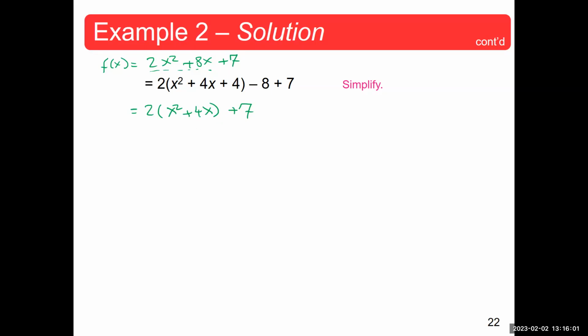Now, to do the perfect square, I'm going to take 4 divided by 2 squared. That's going to give me back 4. Now add 4, minus 4. This is going to be 2. Let's open a big bracket here: x squared plus 4x plus 4, minus 4 plus 7.